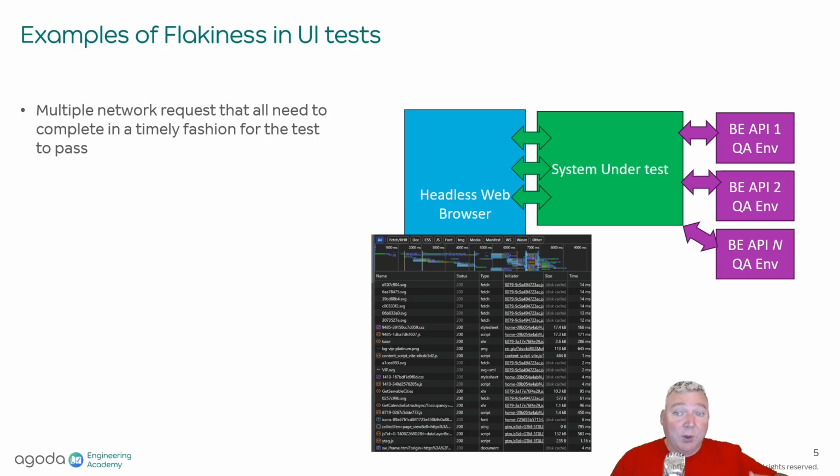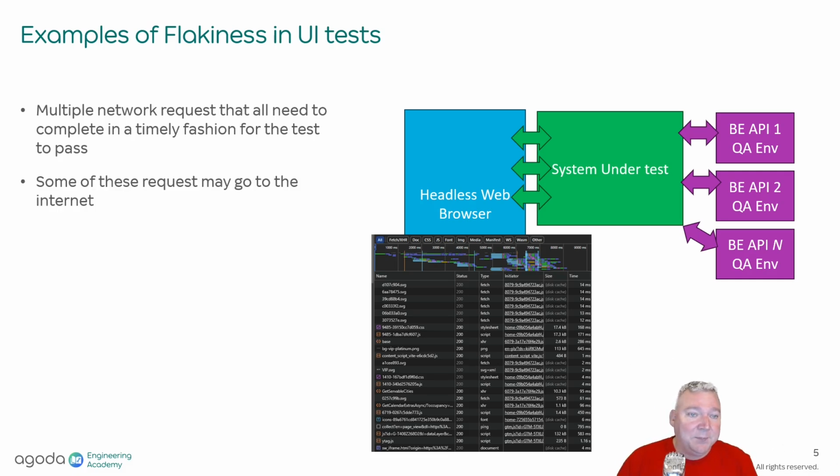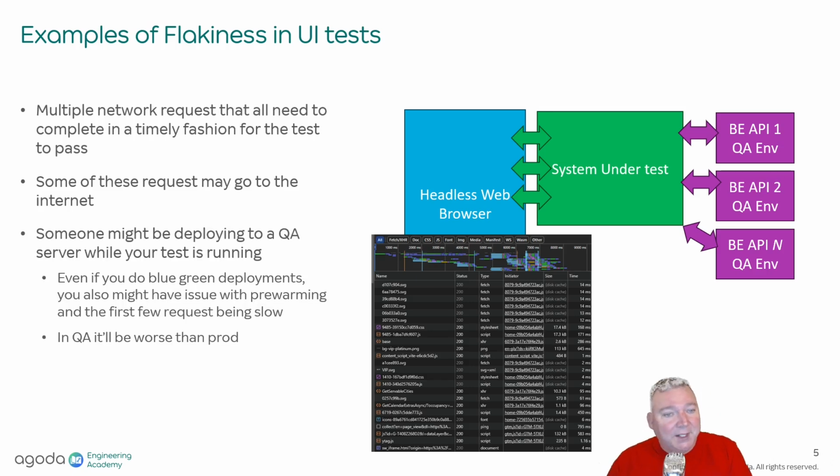And those requests, sometimes, if they're going to a system under test, that system under test will then make multiple requests for information that needs to be assembled together to create that page. And some of these requests may even go to the internet. When we're talking about sometimes JavaScript assets or images or things like that.